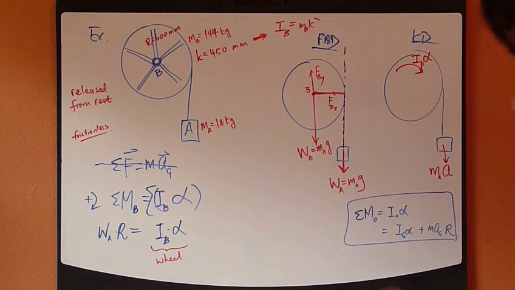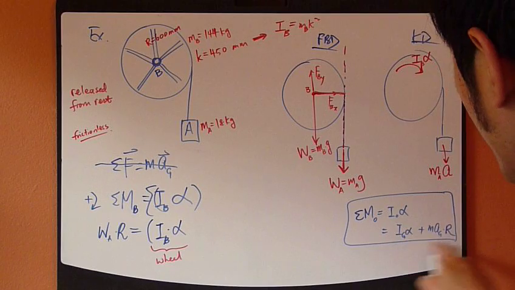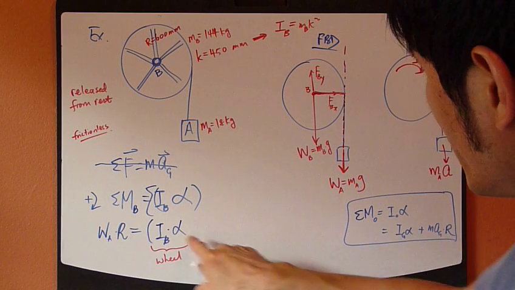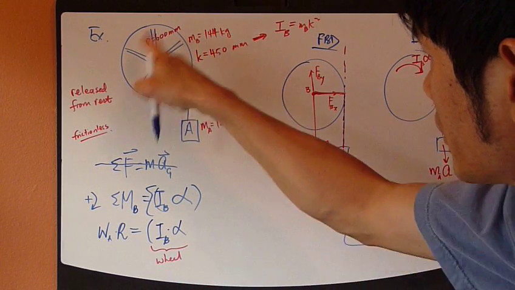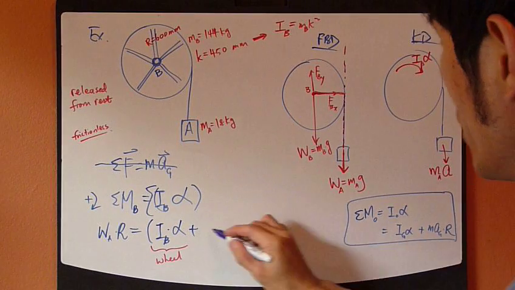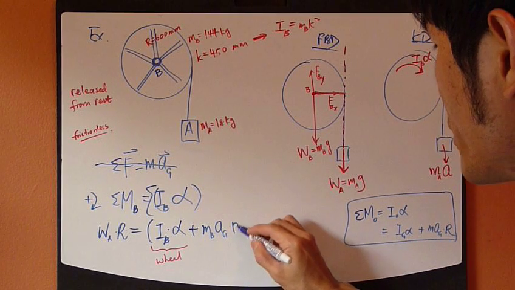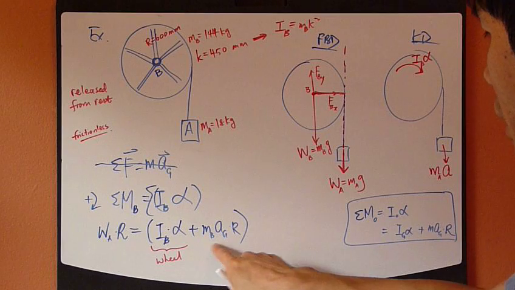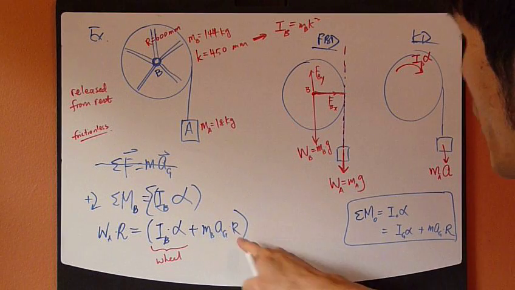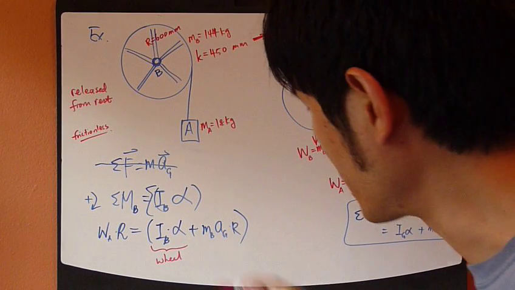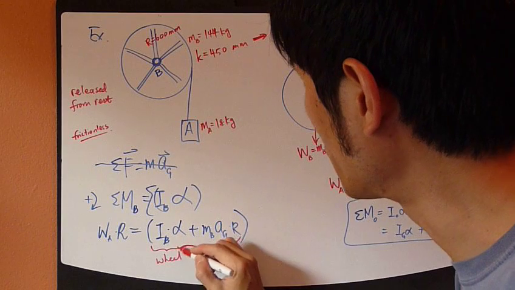So this first term is for the wheel, plus the second term, m a_G times R, the second term applied to the wheel. So this whole thing is for the wheel.